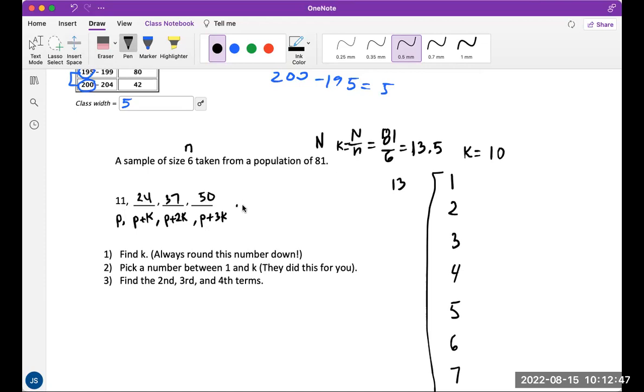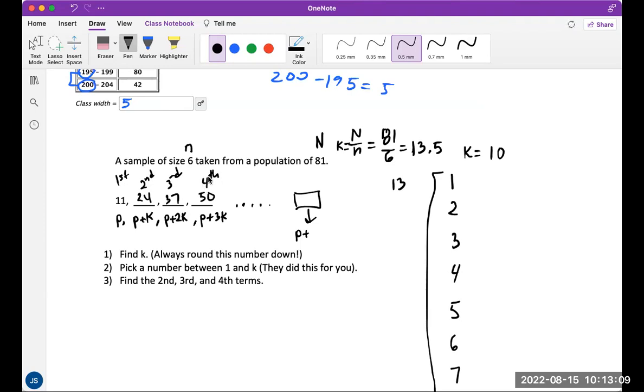And so if they asked you for the last term in this series, the last person to be sampled, that is p plus, so this is the first term, that's the second term, the third term, the fourth term.